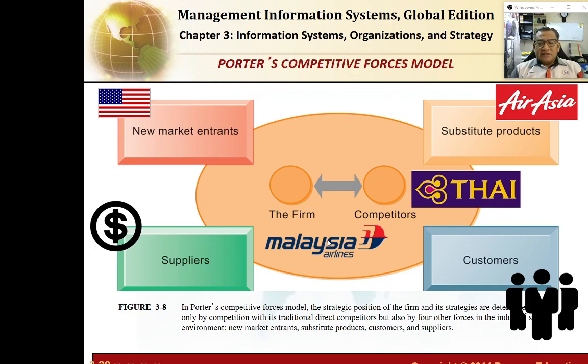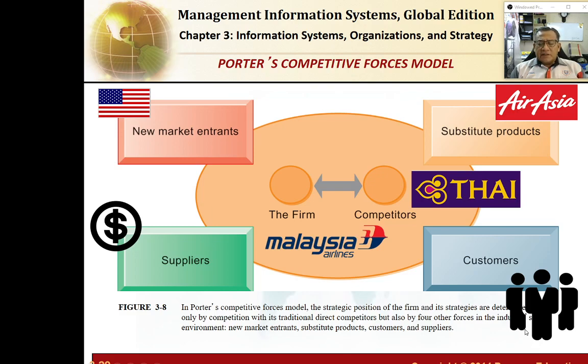So Malaysia Airlines definitely need to have a good relation with customer, right? They need to keep track their customer, retain their customer, and give customer a good offerings. Right? Malaysia Airlines can also promote retention program for customer, like their Enrich Club, right?